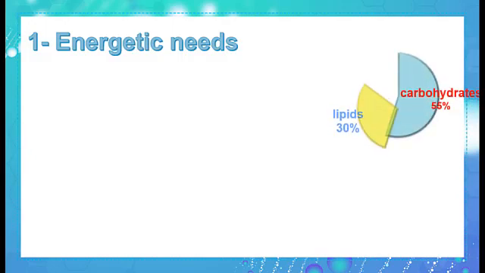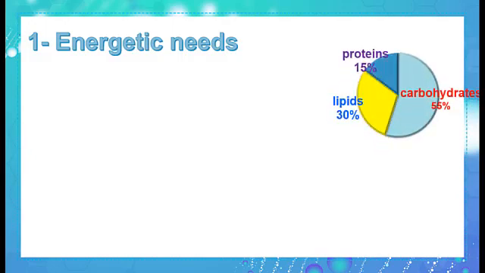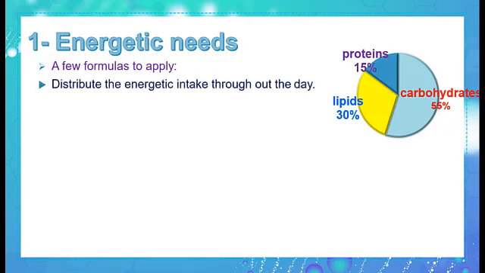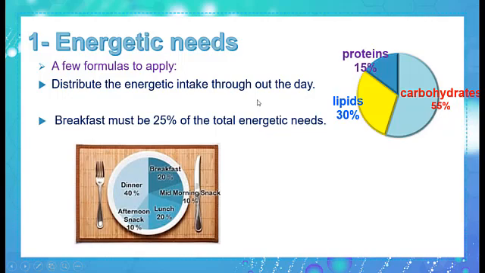In addition to what we mentioned before, you have to distribute the energetic intake throughout the day. It means carbohydrates, lipids, and protein must be distributed throughout the day. For example, breakfast must be 25% of the total energetic needs, dinner 40%, lunch 20%, and we have to take an afternoon snack of 10% of our daily needs.